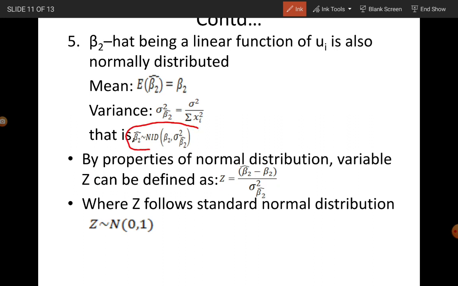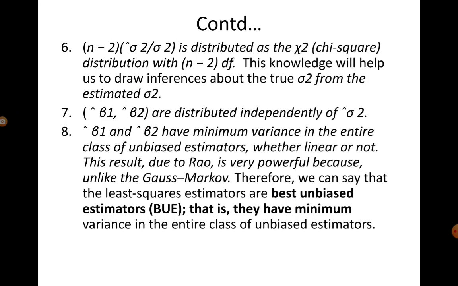So this is how you technically write it: it's normally and independently distributed with mean beta 2 and variance sigma beta 2 hat squared. Again, because it is normally distributed, you can transform beta 2 hat to find a variable z which follows a standard normal distribution. The importance of this convenience is clearer when we move into the field of hypothesis testing.